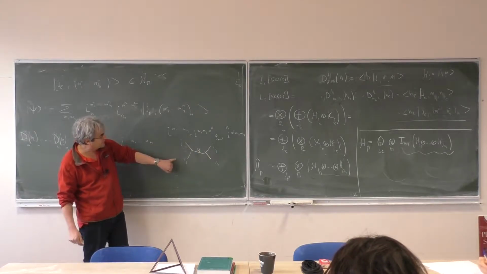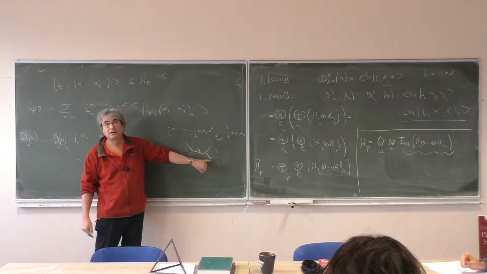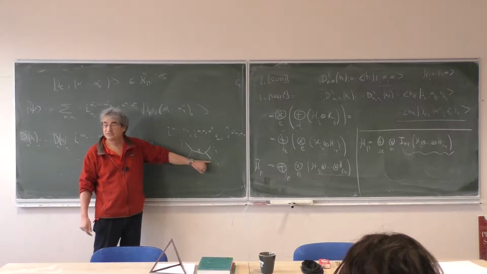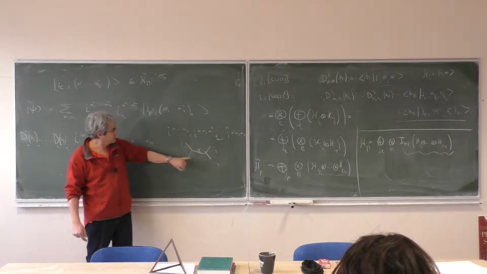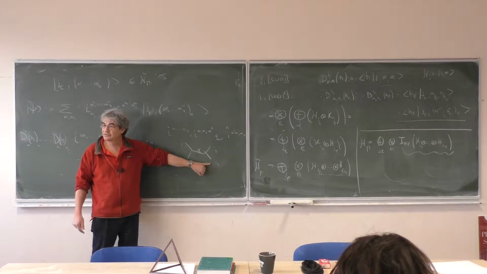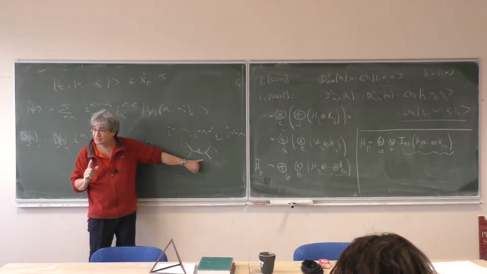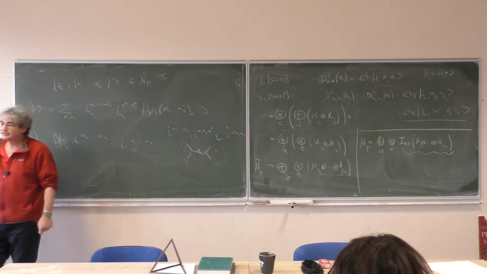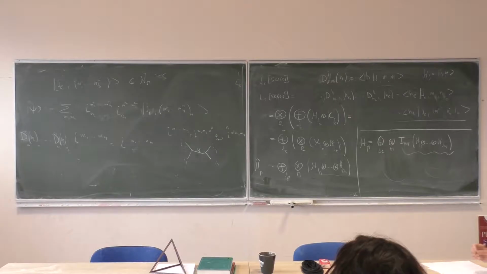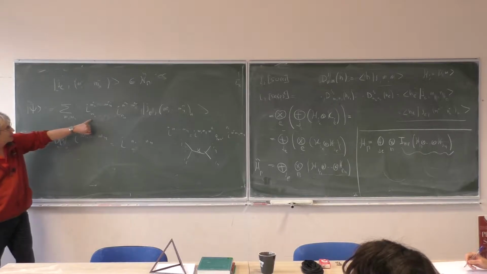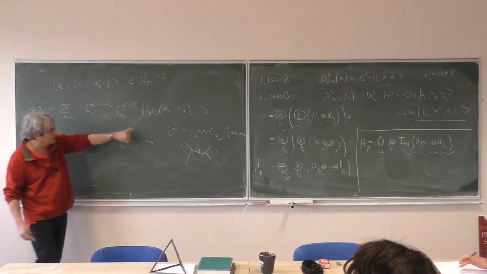If I have 1/2, 1/2, 1, 0, then 0 is not allowed because 0, 0, 1 doesn't satisfy the Mandelstam identity, but 1 is allowed because 1, 1, 0 does. So I have only 1. So on. Okay?